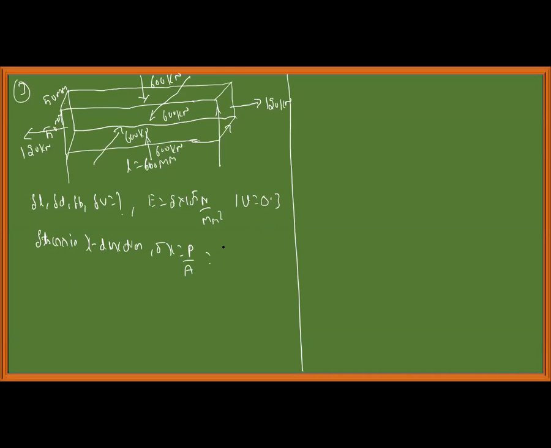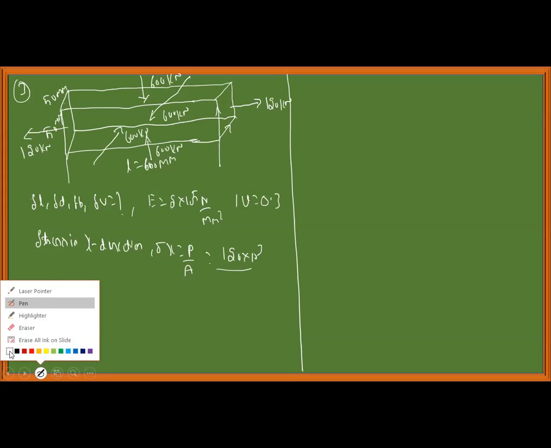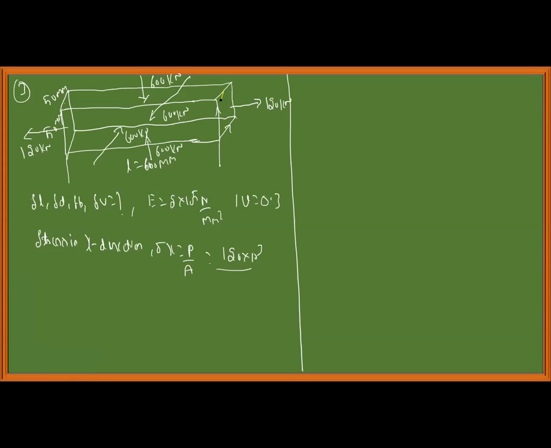Load is given to be 120 kilonewton, 120 into 10 power 3, divided by area of cross section. This is the normal stress. You should take the area which is perpendicular to the load. This area is 50 into 50. Since this is a tensile load, tell me what is the magnitude of your stress in X direction.